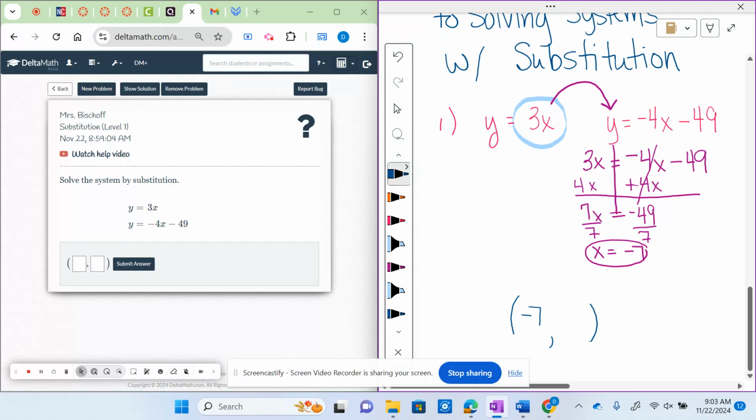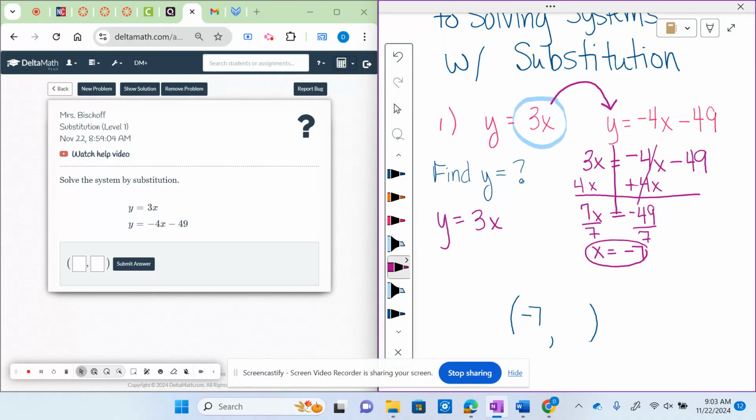We have to find the y coordinate. How can we find the y coordinate? What can we do with the x equals negative 7? Put it in there as an x and put it into the equation that you didn't touch.